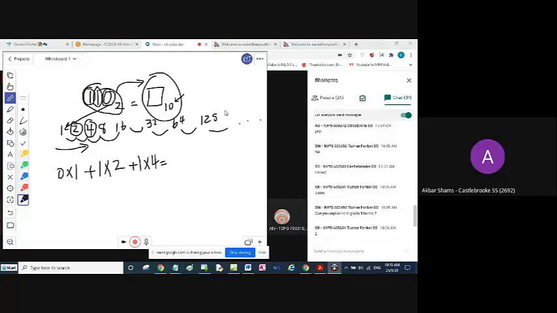Now you just add them up. This one gives me 0, this one gives me 2, this one gives me 4. So the answer is 6 in base 10. So 110 in base 2 is the same as 6 in base 10.